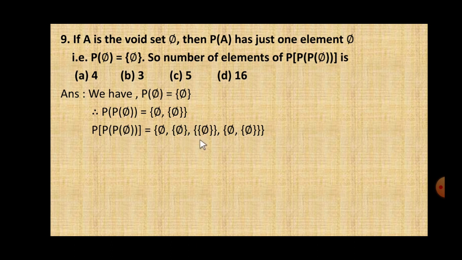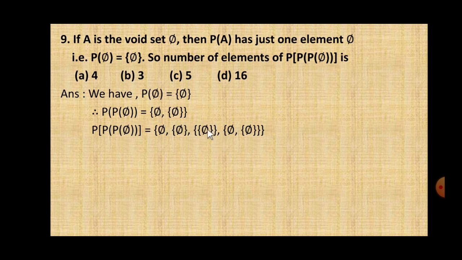Now we can start with singleton sets. How many singleton sets can we write here? This is an element, along with the bracket, this is an element. Now by using this we can write a singleton set here. Singleton set means you consider this one as an element, and for that you take flower brackets. This is a singleton set.